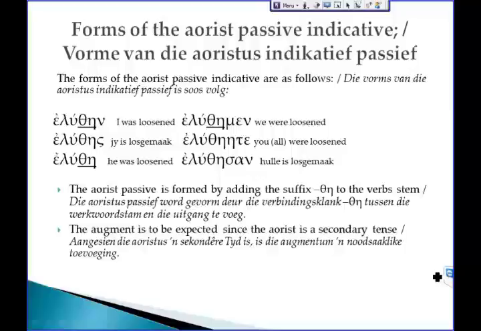You're telling me about the perfect now. The perfect is something that happened in the past with a continuing effect to the present. But what about the aorist? Completed action in the past. Yes, it is action in the past, but what type of an action?